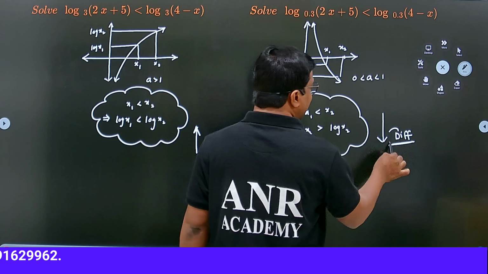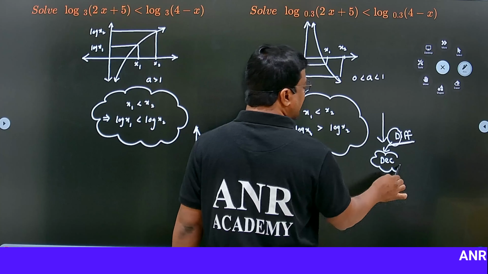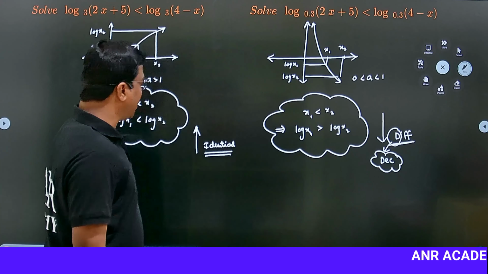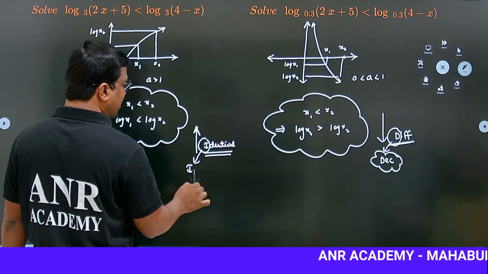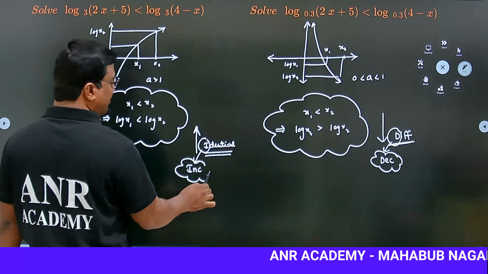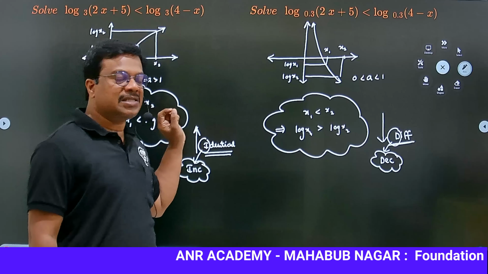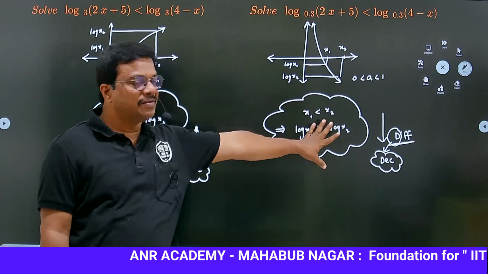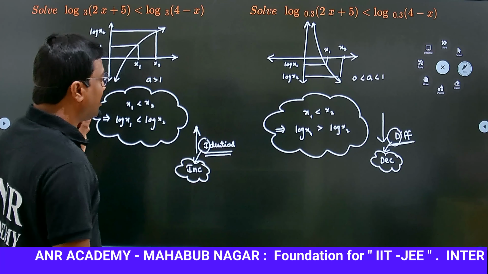So D for decreasing, D for different. In such a way you can easily remember this condition. Identical and increase: for an increasing function, the relation between input and output has the same identical condition, and in case of a decreasing function you will get a different notation.